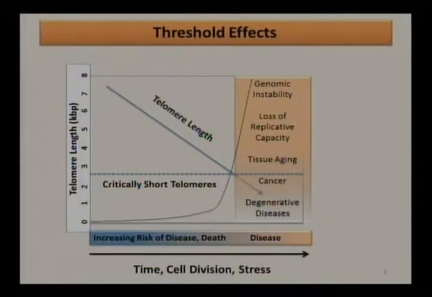But once telomeres get to that threshold length, and it may differ between individuals, you see massive genomic instability. As the chromosomes become uncapped, they can recombine with other short telomeres, causing a cycle of what's called fusion bridge breakage and genomic instability. So in this timeline going forward, which can be just chronological age or number of cell divisions, it's influenced by a variety of stressors, there's increasing risk of disease.